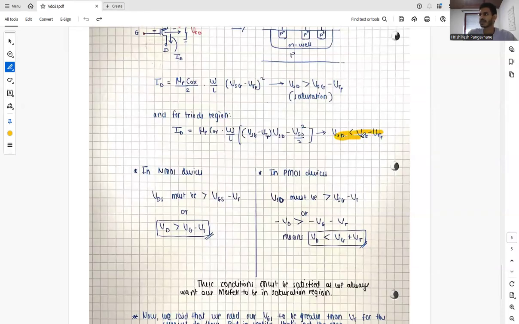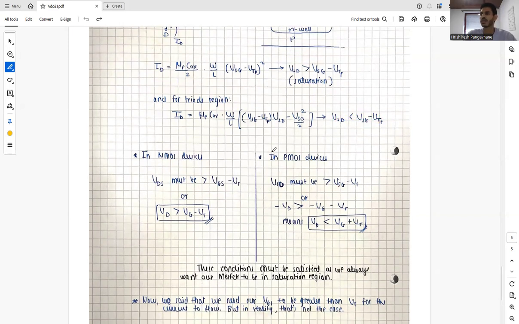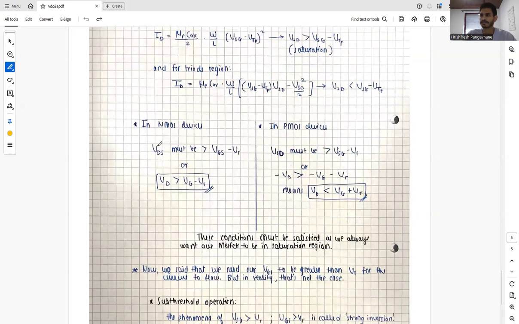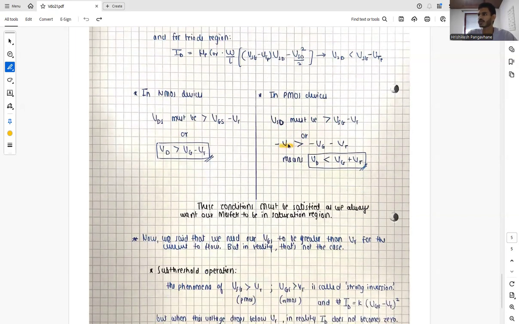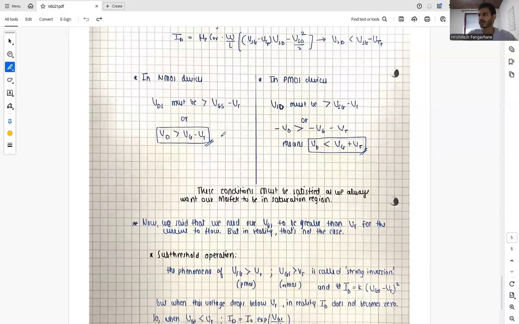Now in NMOS devices, VDS must be greater than VGS minus VT, and in PMOS devices, VSD must be greater than VSG minus VT, or we can say that minus VD must be greater than minus VG minus VT. So this means that VD should be less than VG plus VT, whereas in NMOS, VD should be greater than VG minus VT. These are conditions which must be satisfied, as we always want our MOSFETs to be in the saturation region.